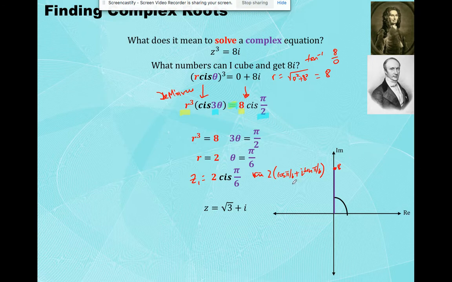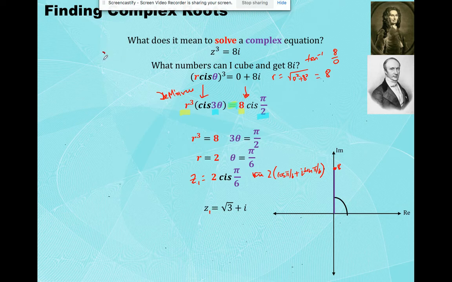Cosine of pi over 6 in the first quadrant is root 3 over 2. 2 times root 3 over 2 is root 3. Sine of pi over 6 in the first quadrant is 1/2. 2 times 1/2 is 1. There is my first rectangular zero of this complex equation.